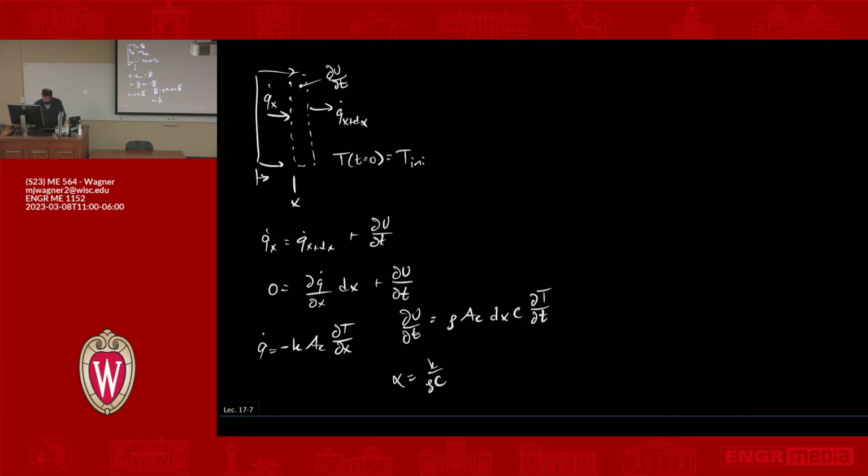And then you end up with the expression alpha d squared temperature dx squared is equal to d temperature d time. And then we would write the boundary conditions, so T at time equals 0 is equal to T initial. And we know that T as x goes to infinity is equal to T initial.